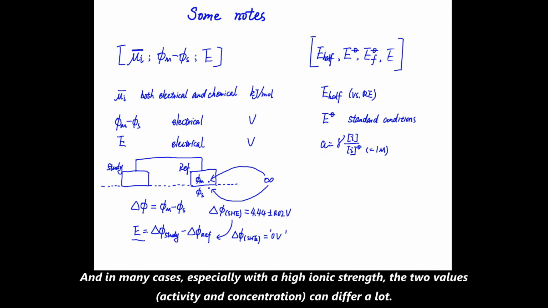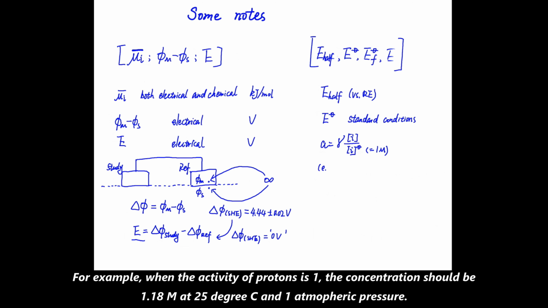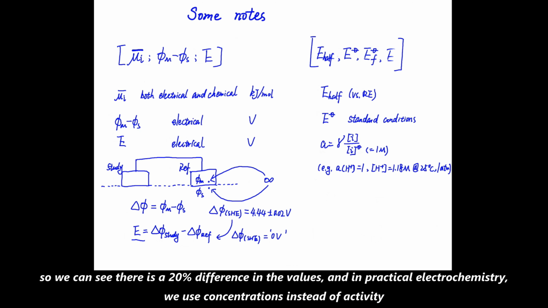And in many cases, especially at high ionic strengths, the two values can differ a lot. For example, when the activity of protons is 1, then the concentration should be 1.18 molar at 25 degrees C and 1 atmospheric pressure. So we can see there's a 20% difference in the values.